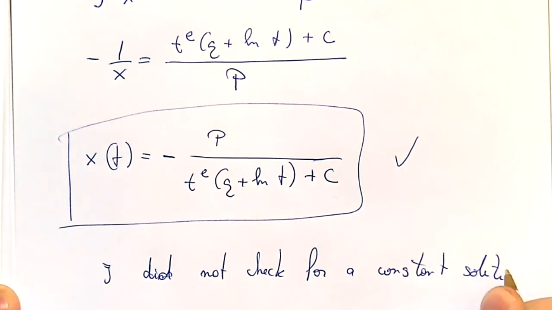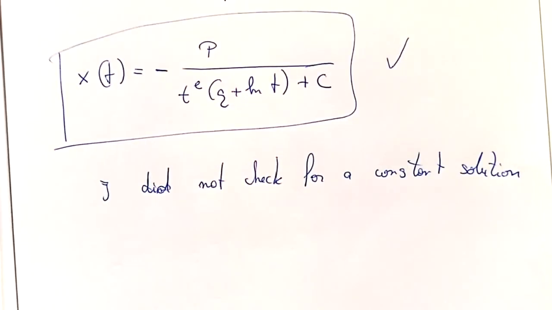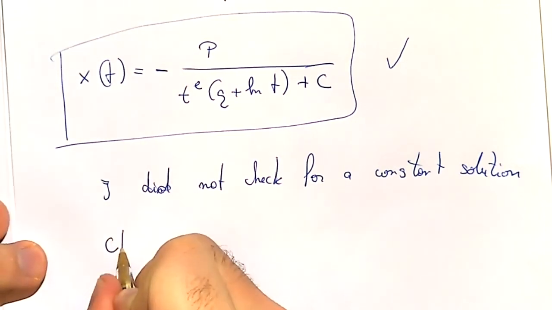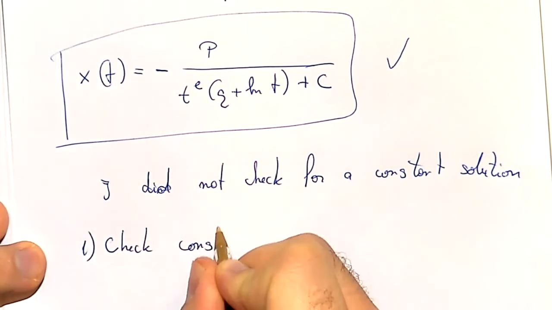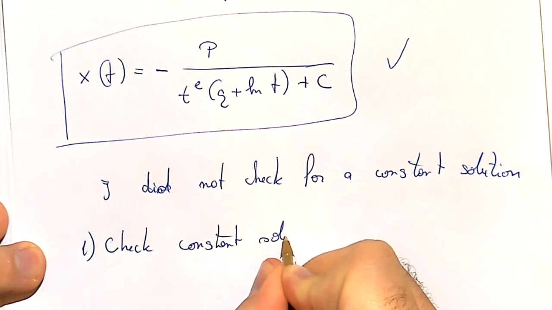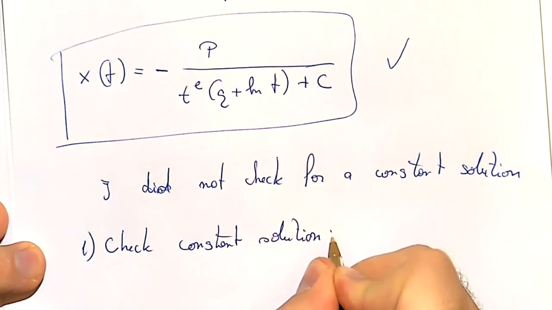Okay. And this is a mistake that 95% of you make. I trusted you, but you let me down, guys. I thought you'd stop me. So again, the first step is checking for the constant solution. That was step 1. What does this mean?